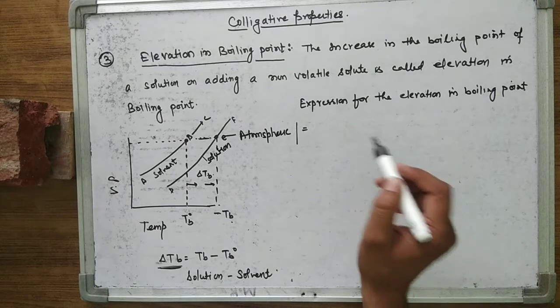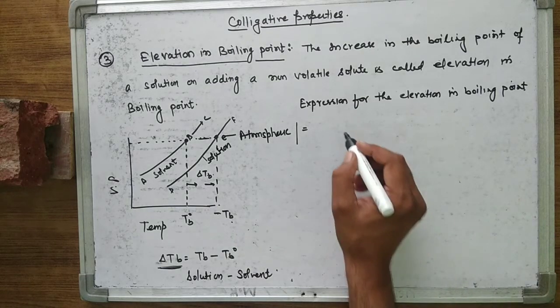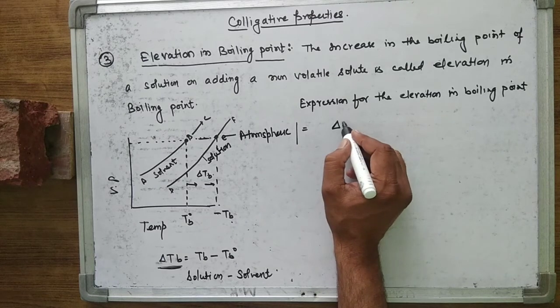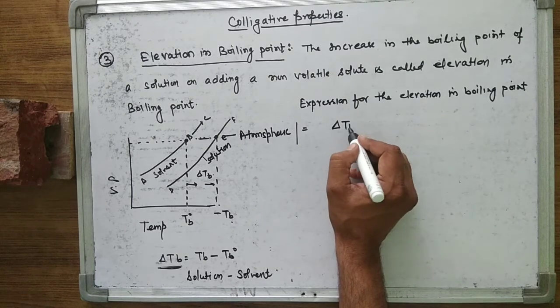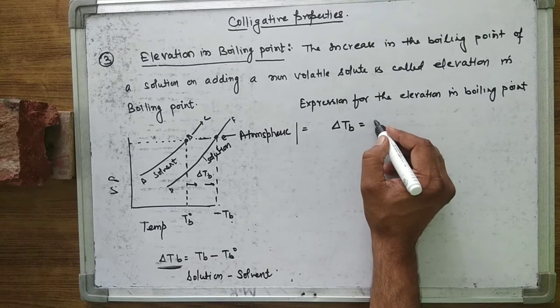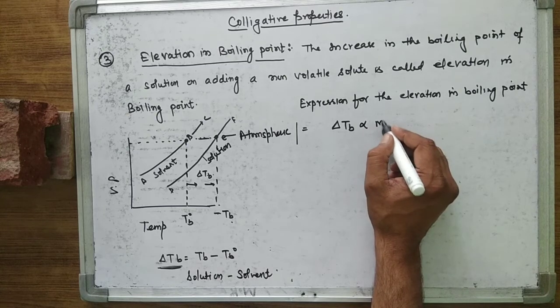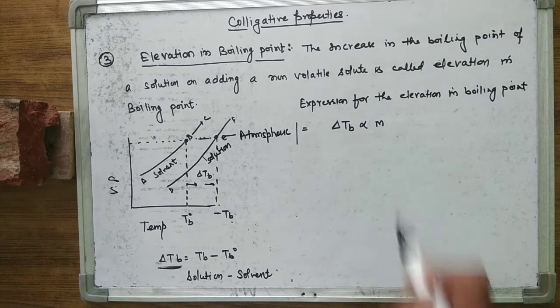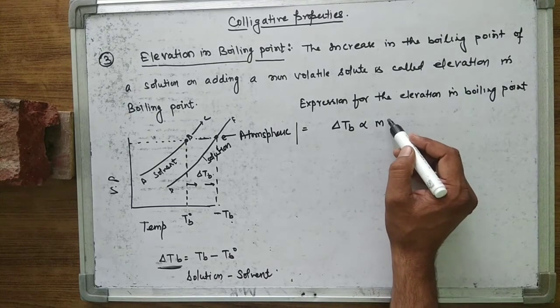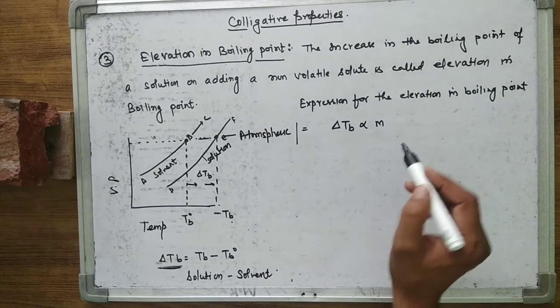Now let us find an expression for the elevation in boiling point. Elevation in boiling point for a solution is directly proportional to the molality of the solution. Molality means number of moles of solute dissolved per kilogram of the solvent.